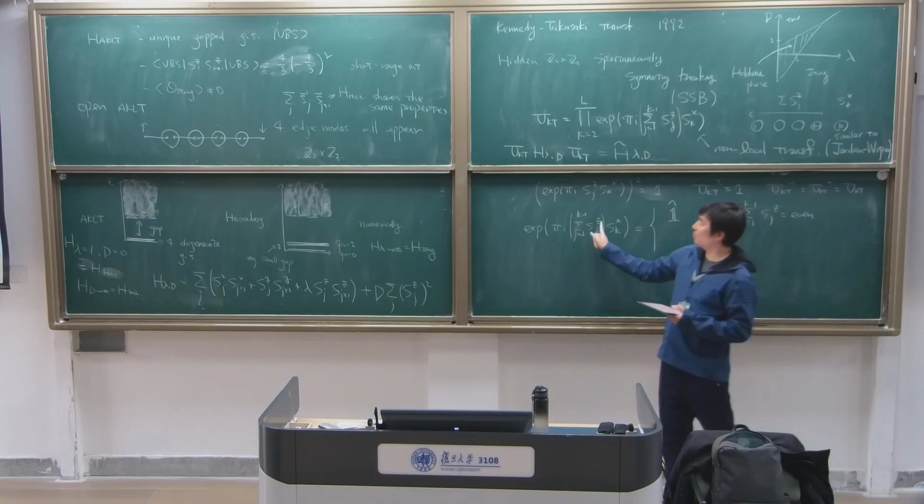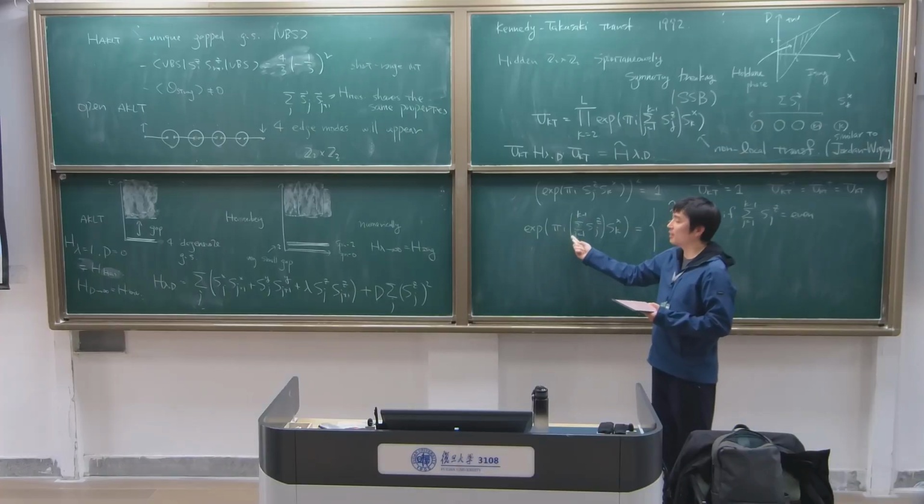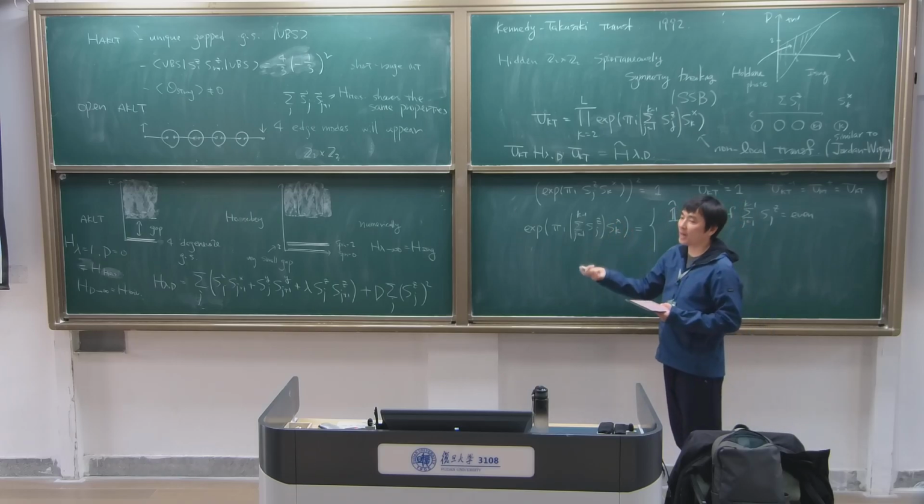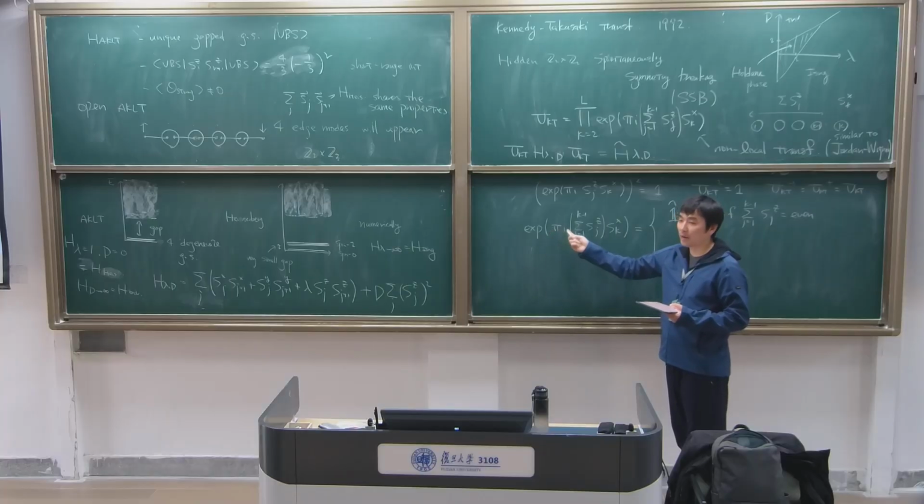Because this is even, so this is something like 2 pi i times some integer times S_x, right? And then S_x is always plus minus 1 or 0. And if you have a 2 pi i, it's always 1.